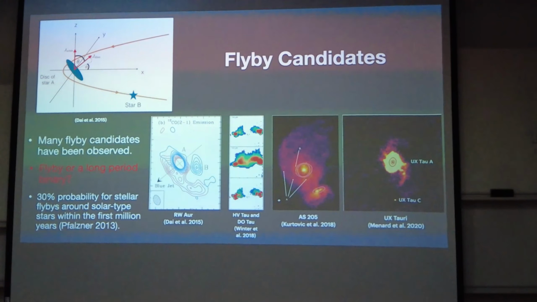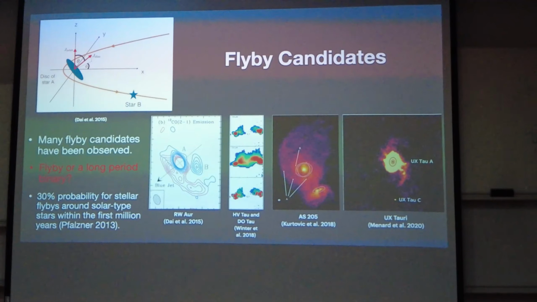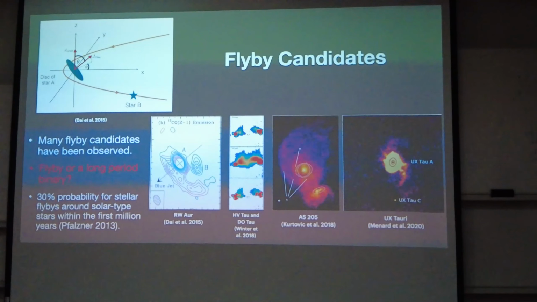We see a lot of examples of flyby candidates. For example, if you look at AS205, which is the third one, the flyby candidate is in the bottom right-hand corner, and it is actually grabbing material off of the primary disk and forming its own disk around its own star.